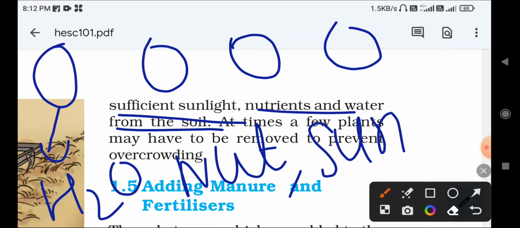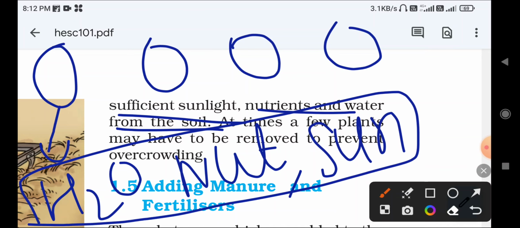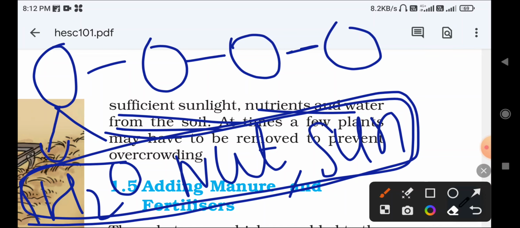To grow, any plant requires water, nutrients and sunlight. These are essential elements for any plant. With some distance between them, they easily get all these three raw materials from the soil. So they can easily get them by having some fixed distance between them.